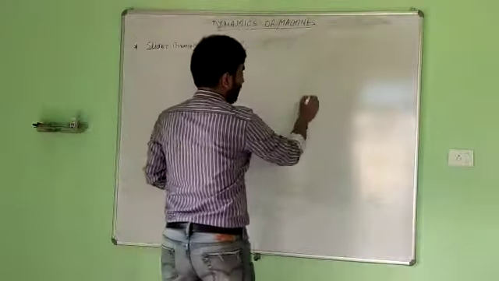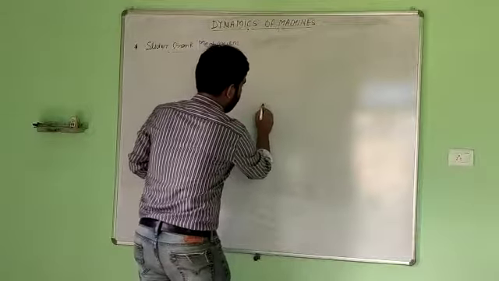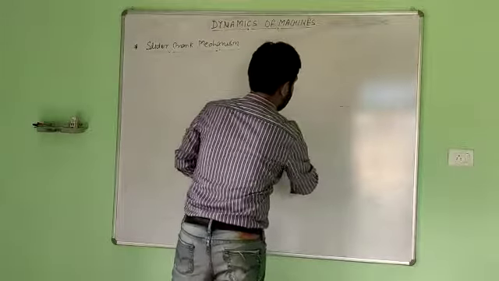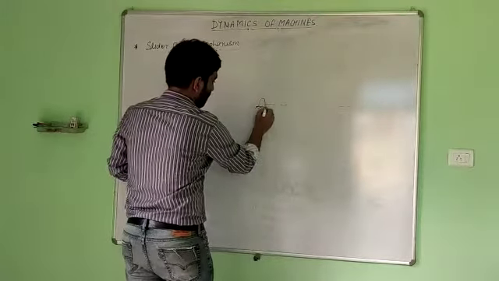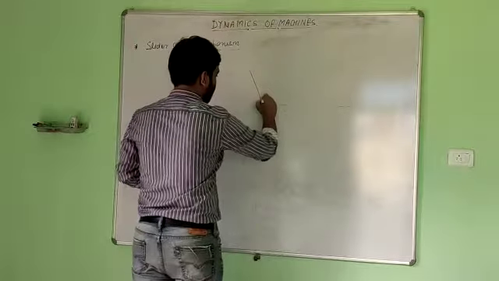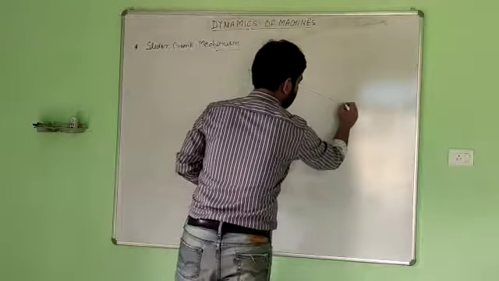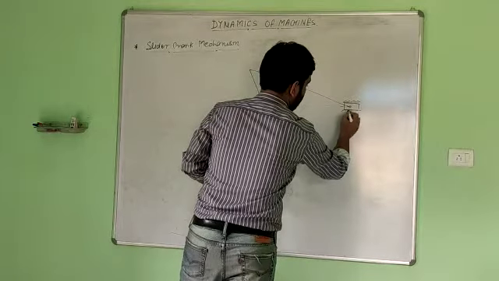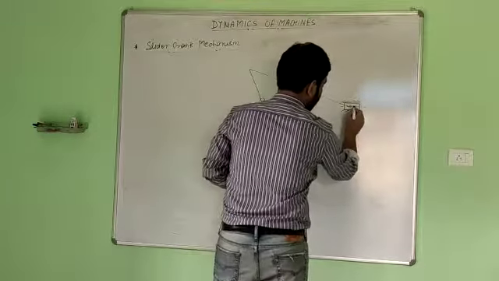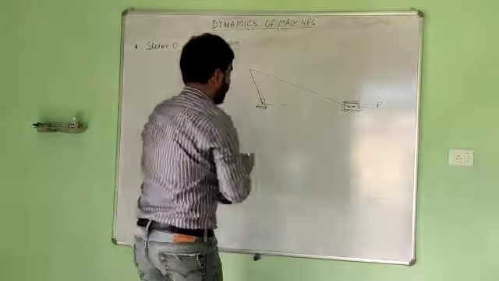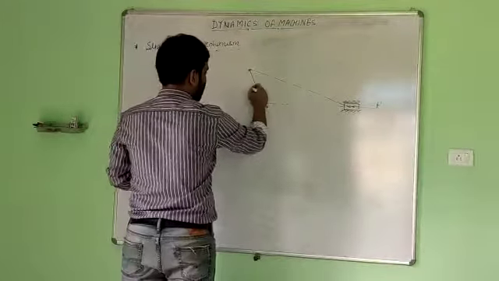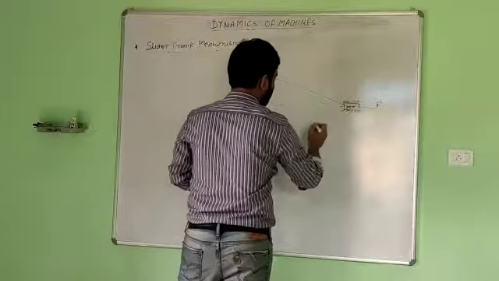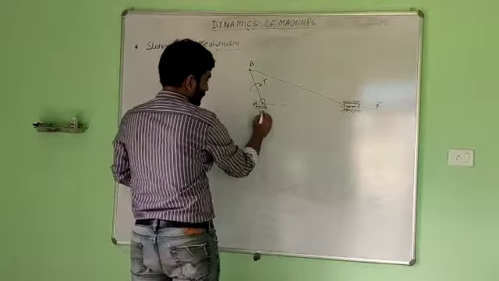So let's say we have a slider crank mechanism subjected to a force F. This is the external force F acting on the slider, and one torque acting on link AB, link 1.